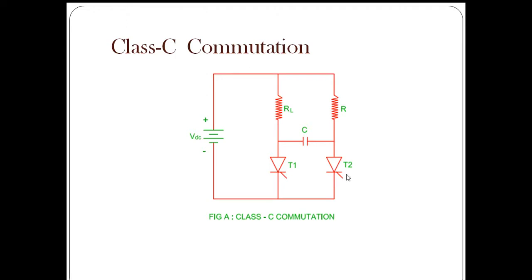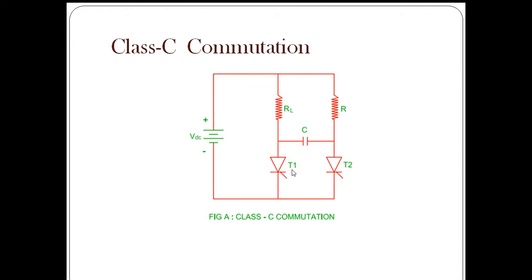So initially when we turned on T2, the capacitor will be charging, with plus on the left side and minus on the right side. With this polarity the capacitor will be charging. Now in the next slide we are going to see this representation.